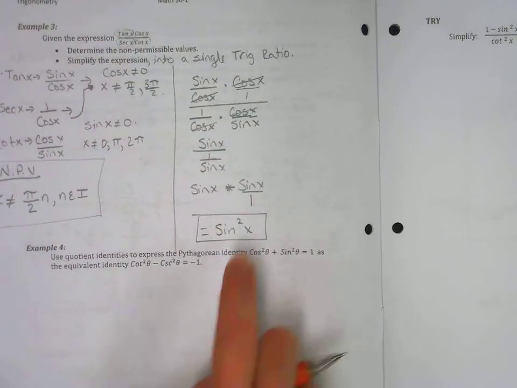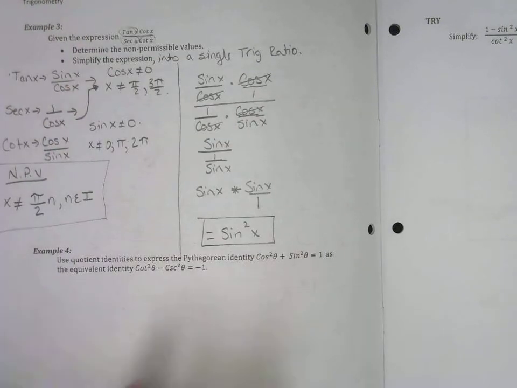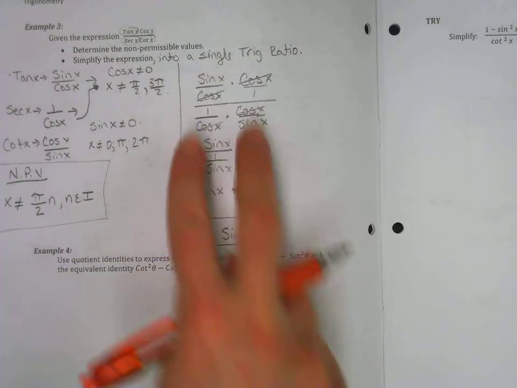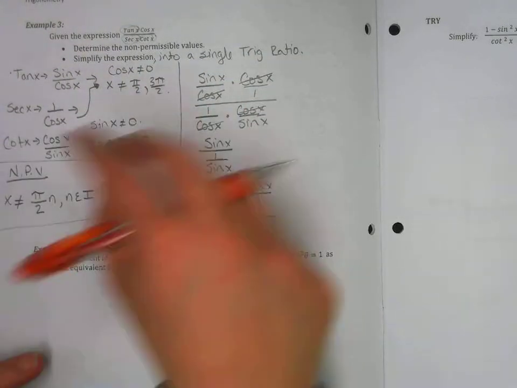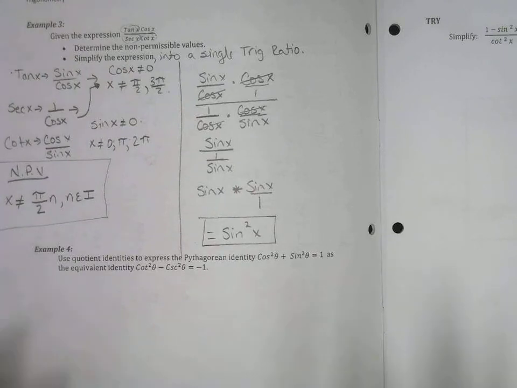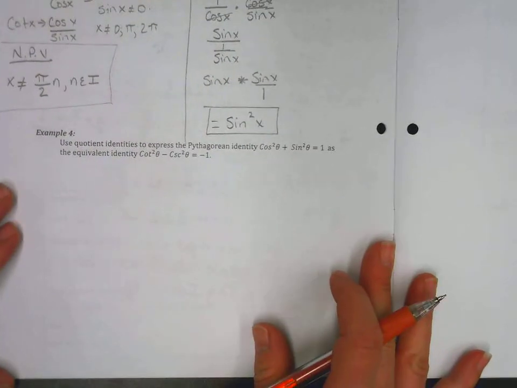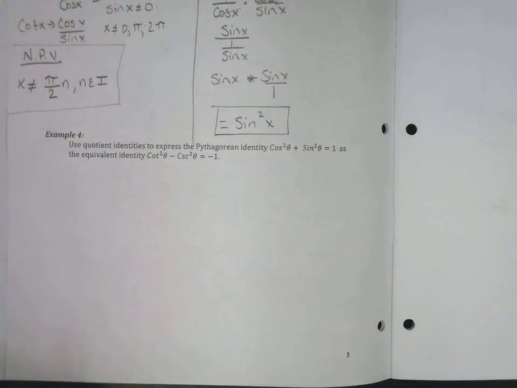Okay, so question 4, it says, use quotient identities to express the Pythagorean identity cos squared x plus sine squared x equals 1 as the equivalent identity cotangent squared theta minus cosecant squared theta equals -1. All right, so we want to basically prove that these two are equivalent.